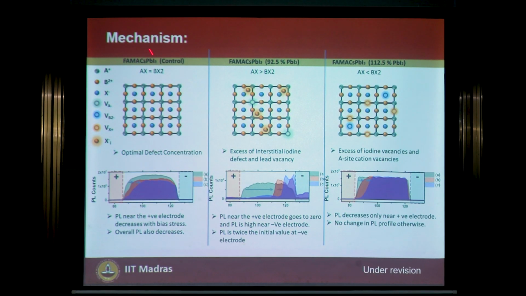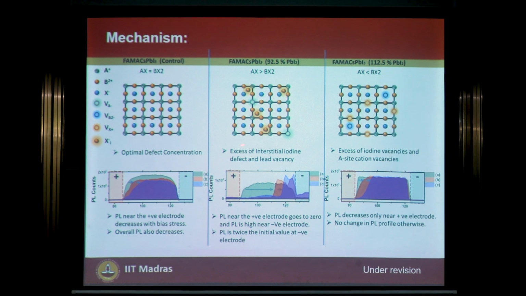We intentionally changed our concentration of defects by just changing our precursor concentration, to a system where we have more AX versus BX2. This is a condition which gives both interstitial and lead vacancies in high amounts, whereas in the other case it doesn't affect those defects, but it might increase the A-site cation. When we change this system, we clearly see a very drastic PL profile change upon bias.